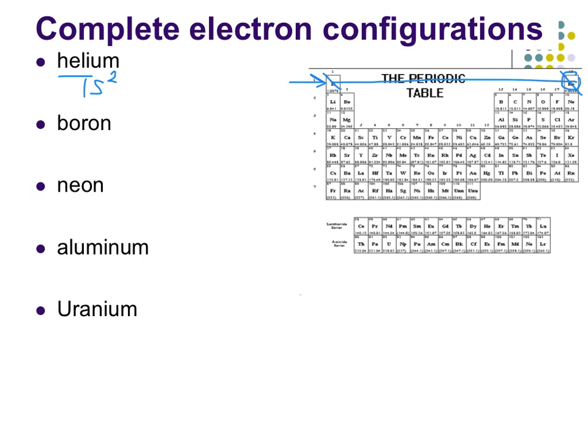Let's do boron. Again, the first thing that you want to do is find boron on the periodic table. Now we're going to start up at the top. Just like last time, we go through the 1s and we go through both boxes. So we'll use the 2. Now you're going to go to the second row and go through the 2s orbital.